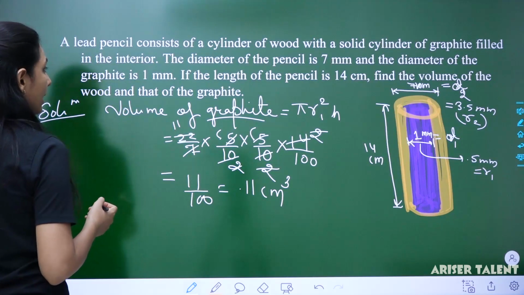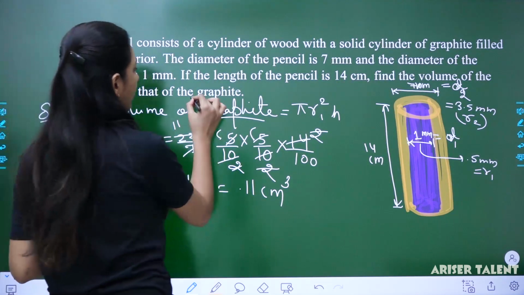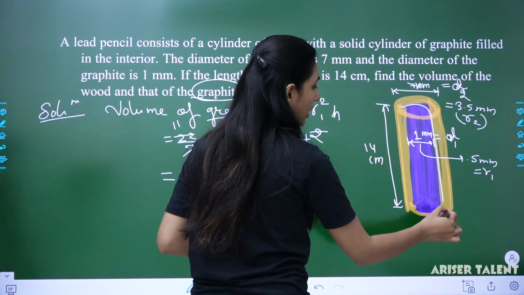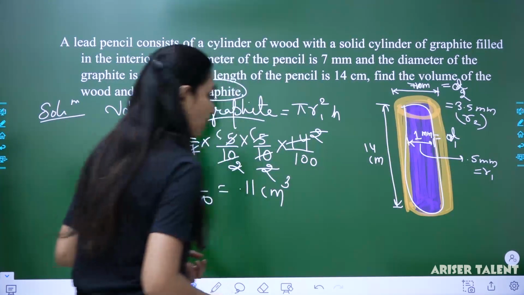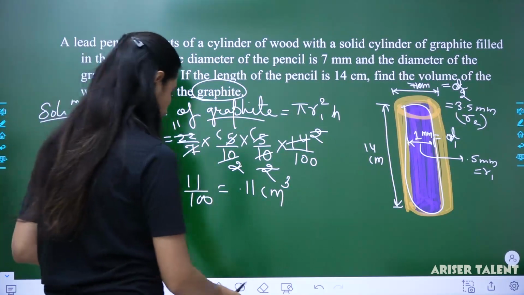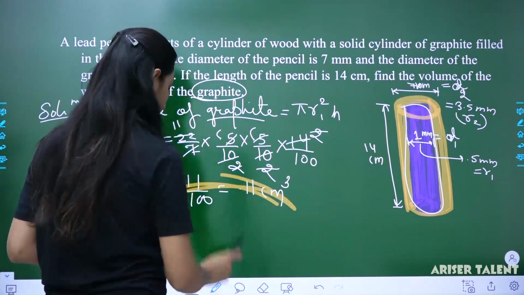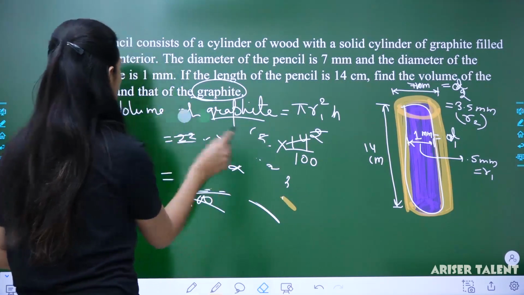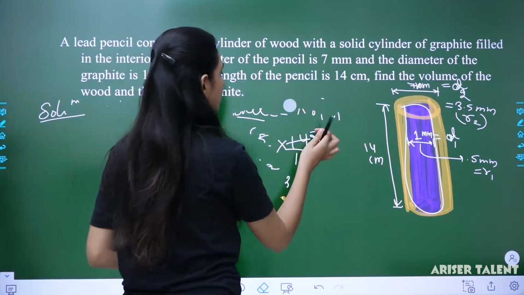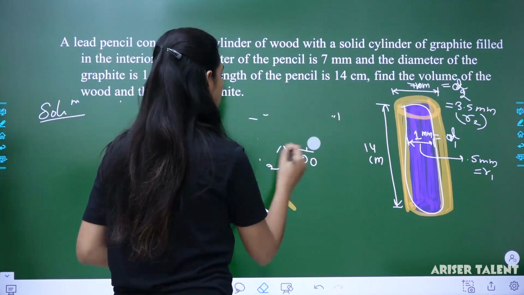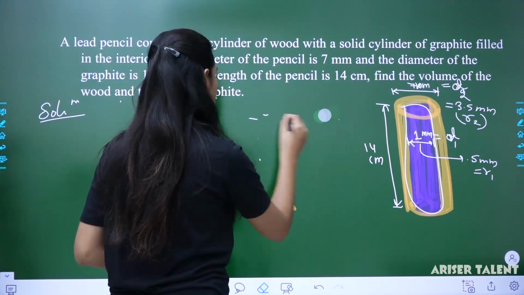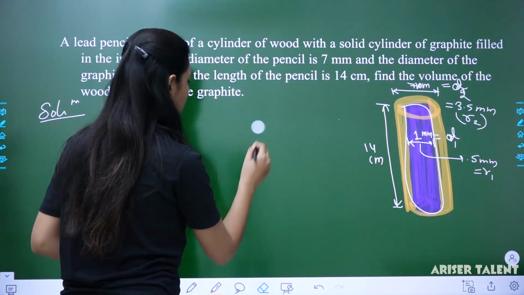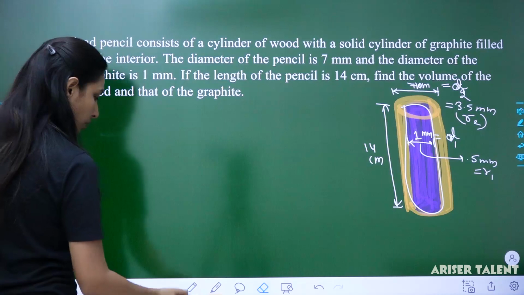Now we'll be calculating the wood. This volume of graphite we have calculated, 0.11 centimeter cube.